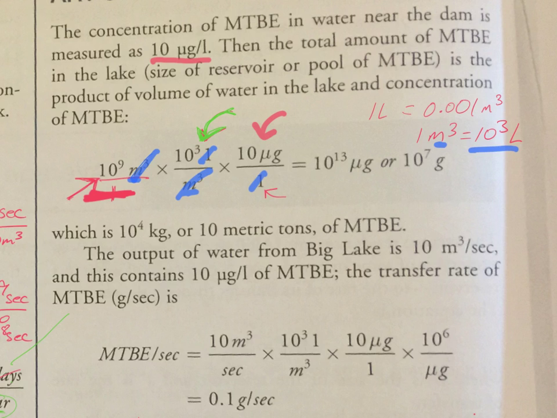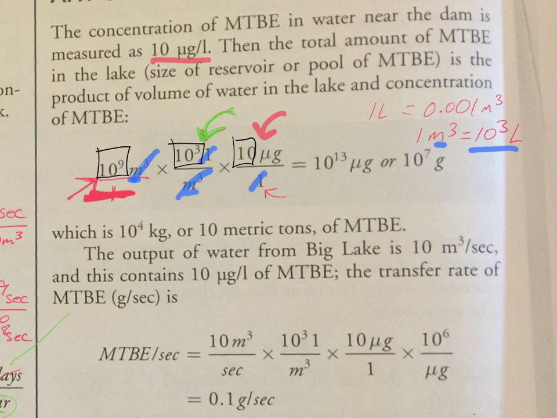I'm going to go ahead and use a different color. What you end up with is 10 to the 9th times 10 to the 3 times 10, which is 10 to the 1, right? 10 to the 1 is 10, right?